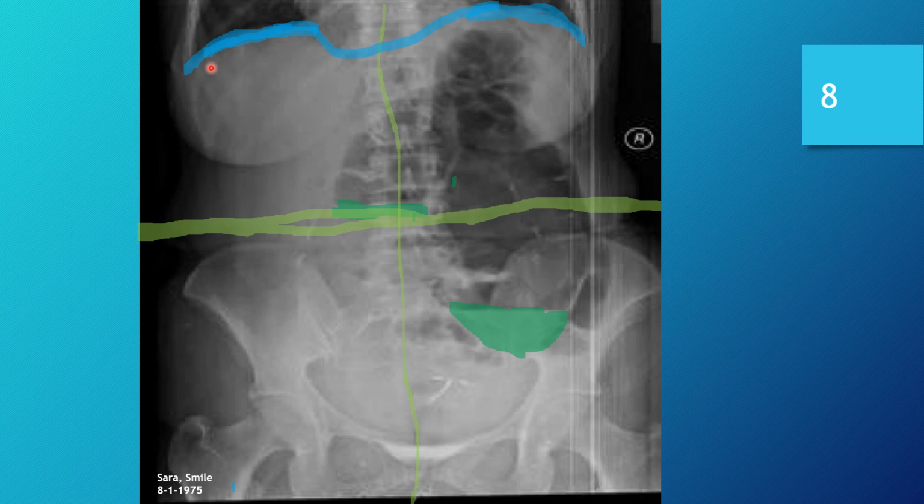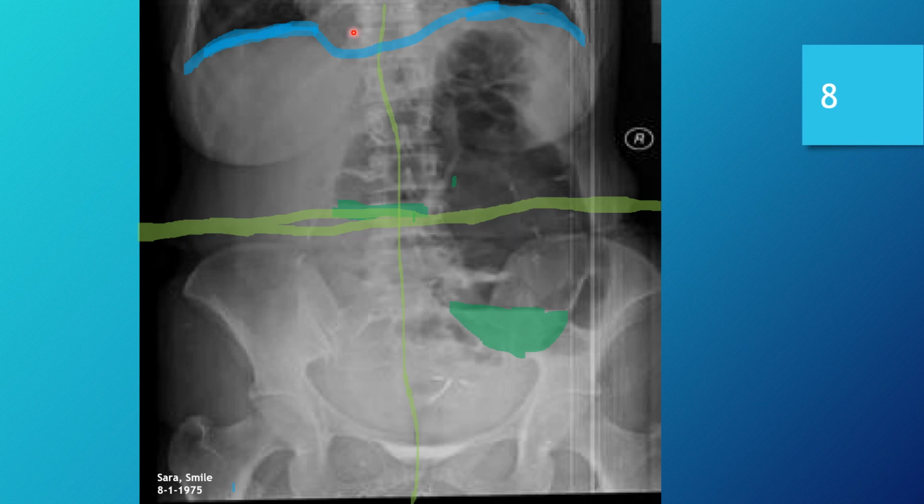And so the diaphragm is present on this image. However, the presumed left side, and the reason I say that, let's just go over the anatomy real quick, and then we'll talk about that. So here on the presumed right side the diaphragm is just barely visible at the top of this image, and so while it is present, it's not exactly ideal.